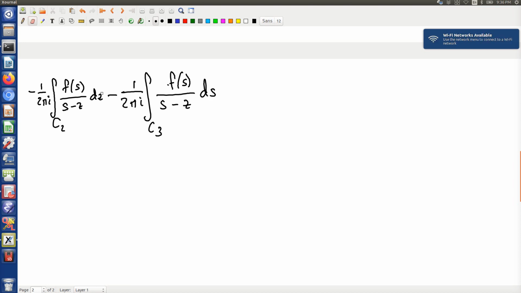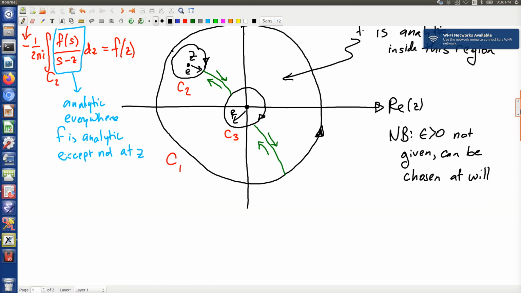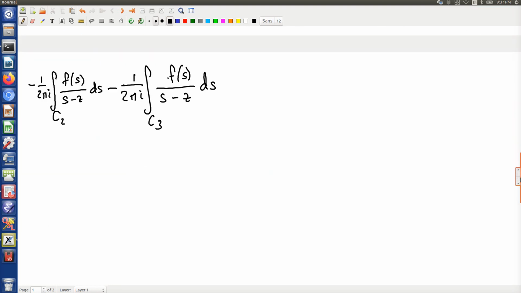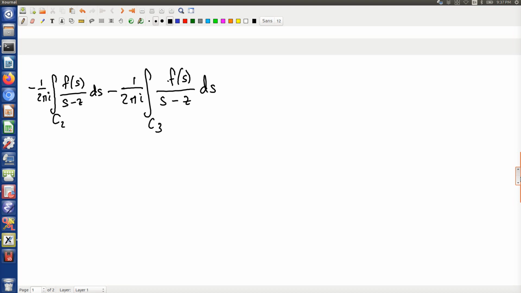Oops, this should have been ds, and up here as well. Okay, alright, so that's C3. Now C1 is oriented opposite of all of these guys, so that's going to come in with the opposite sign, i.e. it's going to come in with a plus sign.